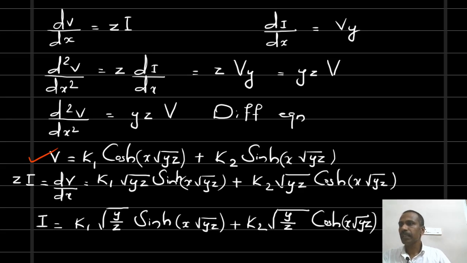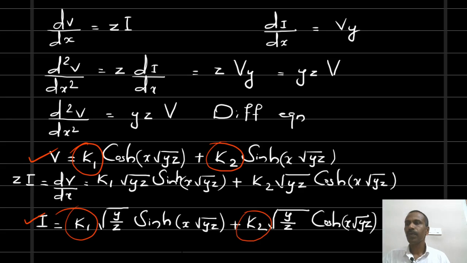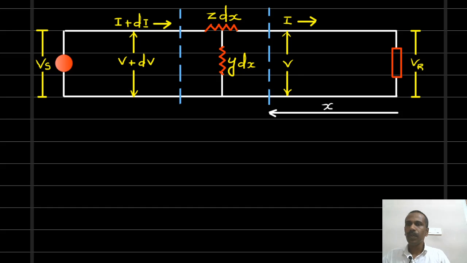Now we got an expression for current also. So we got one expression for voltage, one for current. But in this expression we have constants k1 and k2. First of all, we need to find out the constants. When you apply this boundary condition, that is x is equal to 0, we reach the receiving end side.